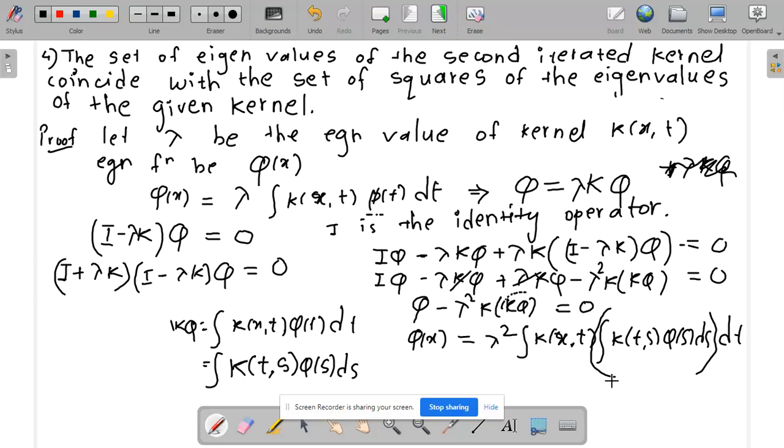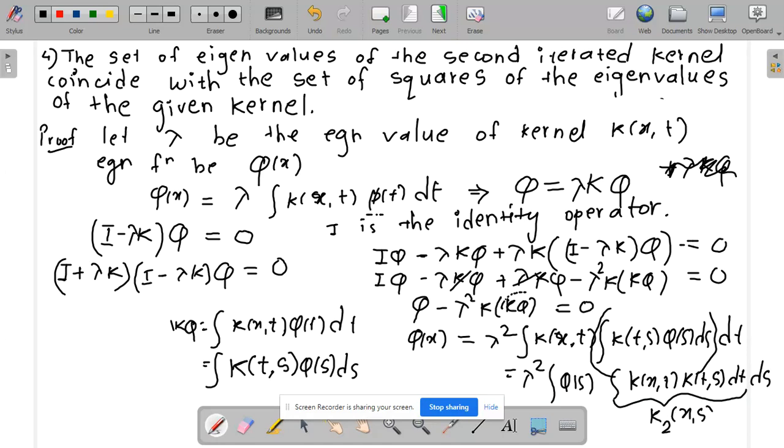Now we can do that interchange. I will take this outside and this k x comma t inside, so I will get phi of s integral k x comma t k t comma s dt, and outside it is ds. You can easily see that this is nothing but k2 x comma s, and outside we have phi of s ds.